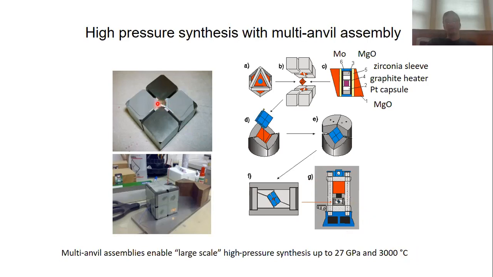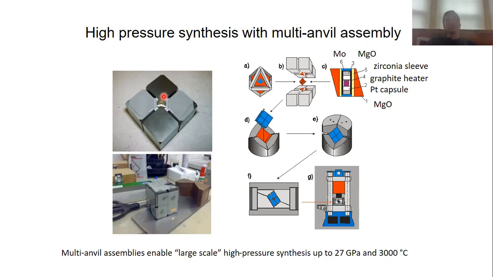The octahedron falls apart, and you still have your sample in your platinum capsule. Then you take sandpaper and open the capsule by sandpapering it, mechanically removing the platinum until you see your sample, and then you can extract your sample from the platinum capsule.